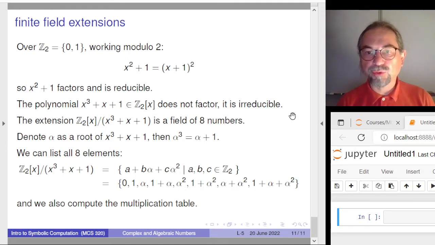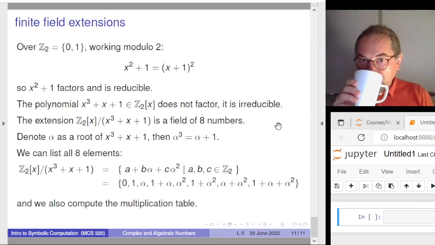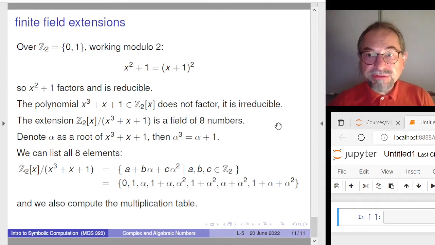Now let's take another polynomial that is irreducible. Because this polynomial is irreducible, it doesn't factor, so it makes sense to construct a field extension. This field extension of a finite field, the field Z_2, the set of 0 and 1 with the modulo 2 arithmetic rules, is extended to a field of 8 elements.